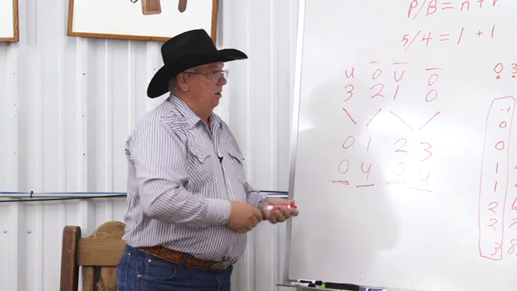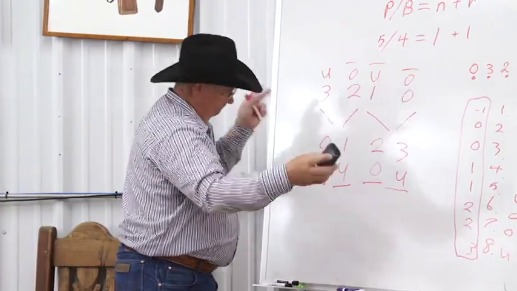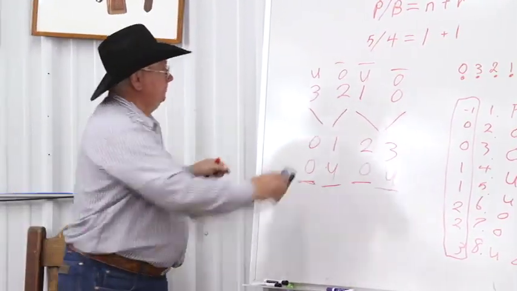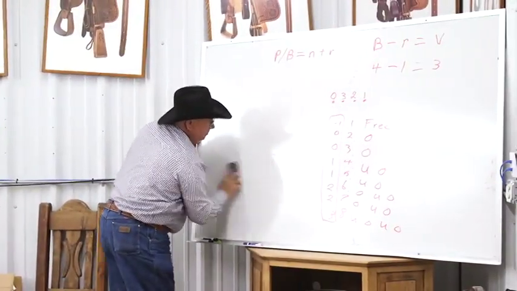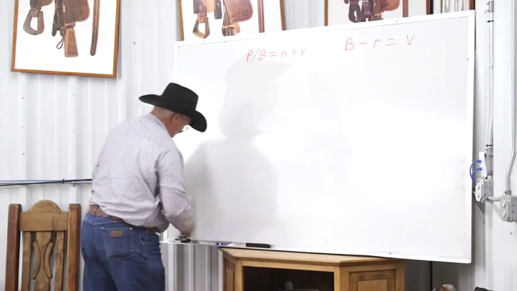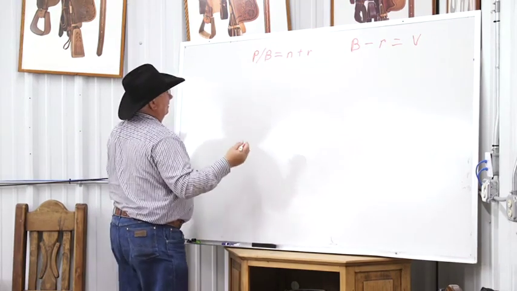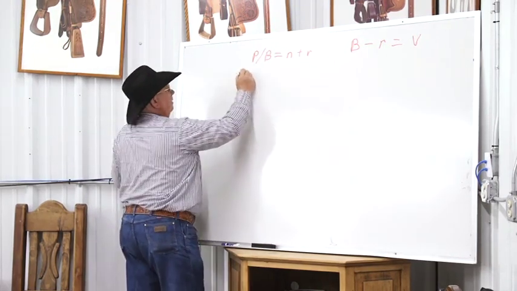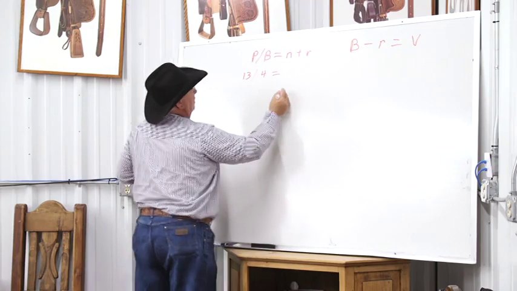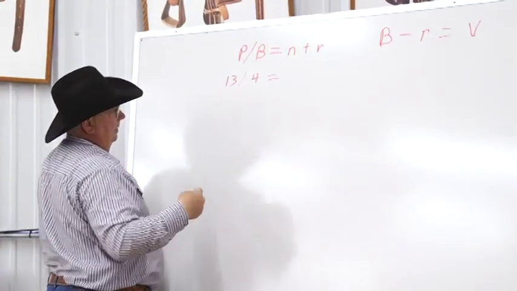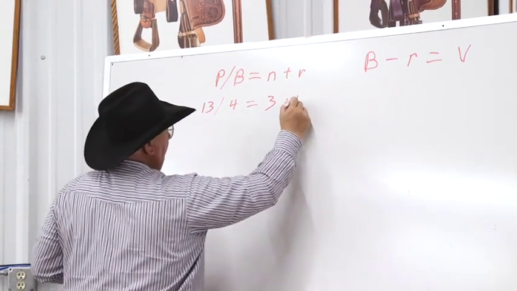Now, with this algorithm diagram, let me do a longer one. Let's do a 13, 4. 13 will go into that 3 times with a remainder of 1.